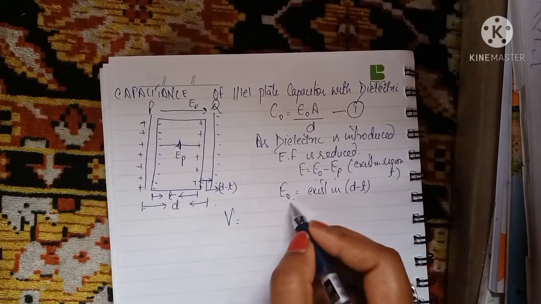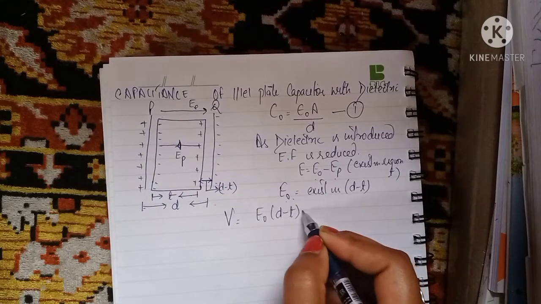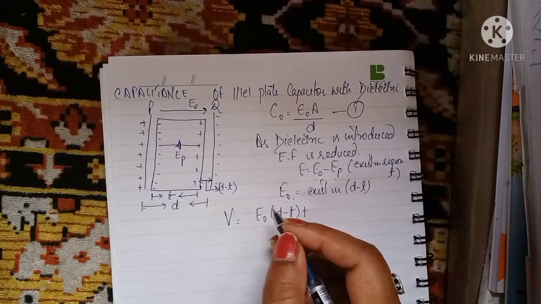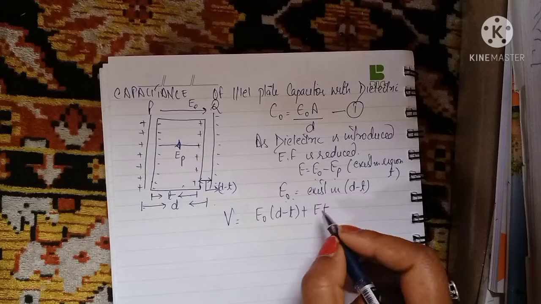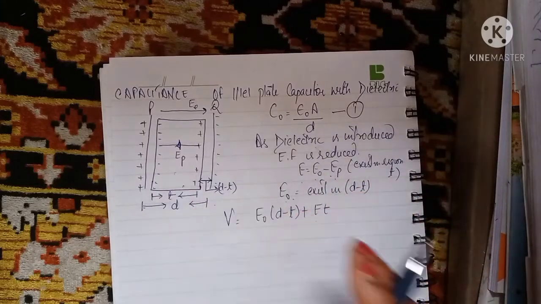Firstly, this is one region, E naught times D minus T, plus another potential that is developed inside the dielectric, so that is E times T. Why E? Because this is the electric field inside the dielectric.